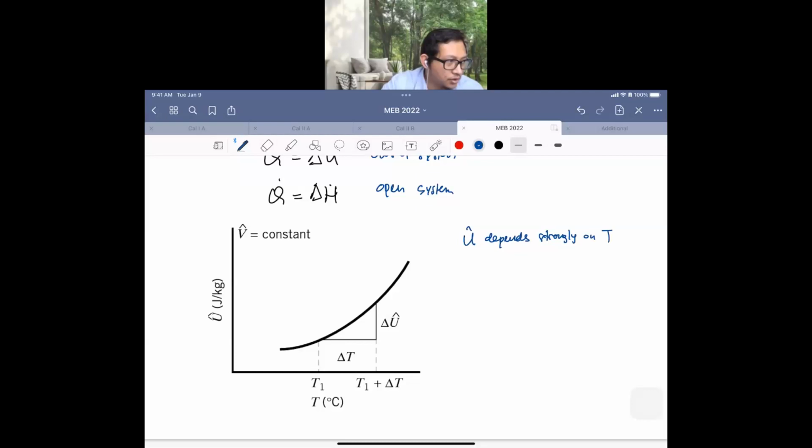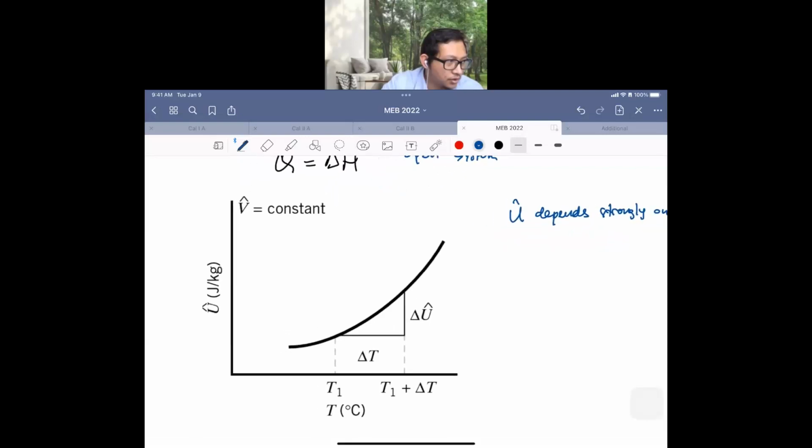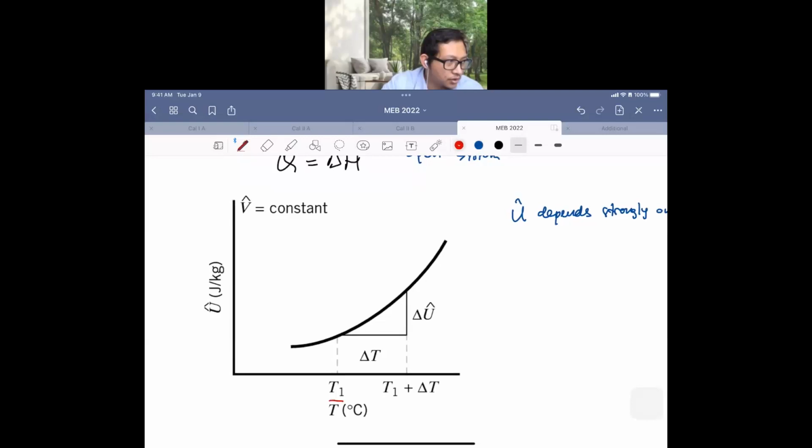If we raise or lower the temperature, we have this property shown in our graph. If we take T1 and add some delta T, we get another delta U. And if the delta is really small, we could have our definition with a limit, right?